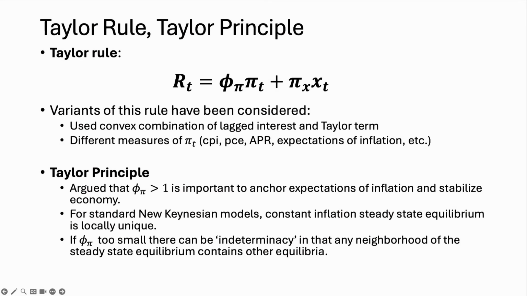I want to show you why phi pi relative to 1 is so very, very important in this particular case. Why does it stabilize the economy?